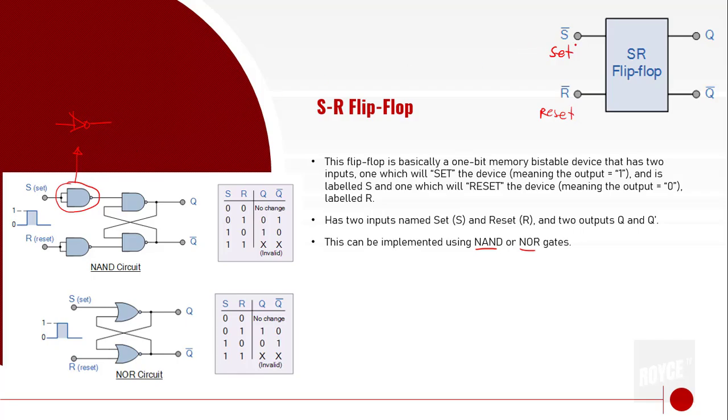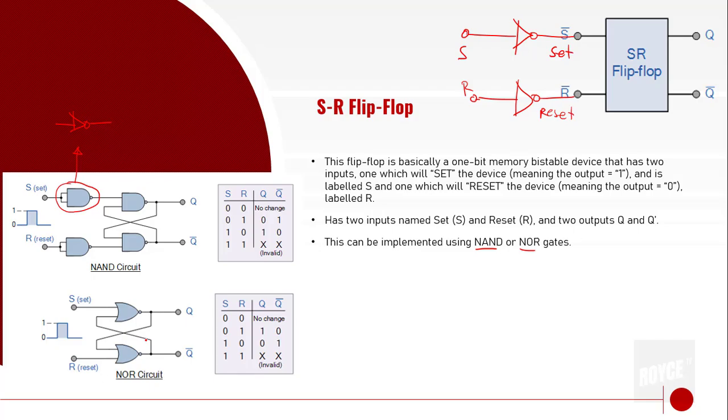So effectively, we are putting an inverter here on S and R. So instead of writing S complement and R complement, we can now write S and R. Okay? Now, the one at the bottom is a NOR gate, so we don't need to invert it anymore. It only used two NOR gates.